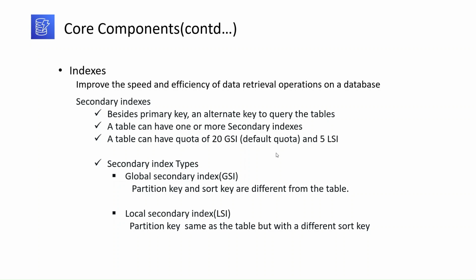A global secondary index can have the partition key and sort key different from the partition key and sort key of the table, whereas a local secondary index has the same partition key as the table but with a different sort key. Each table in DynamoDB has a quota of 20 global secondary indexes and 5 local secondary indexes.